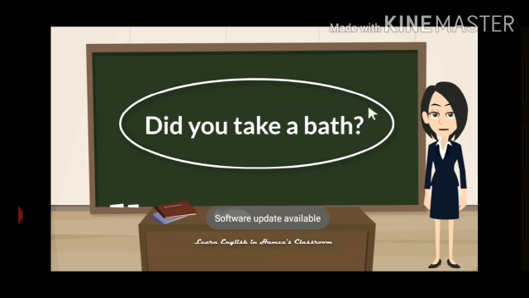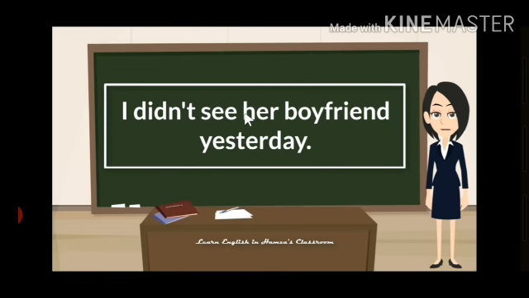Because it is interrogative form. Next, I didn't see her boyfriend yesterday. Here is subject I, and then didn't, and then see is verb 1. Why we use verb 1 here? Because it is the negative form. We use verb 2 only for positive form.